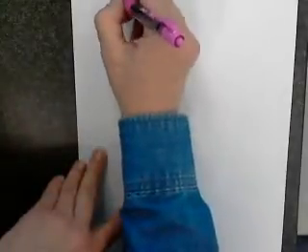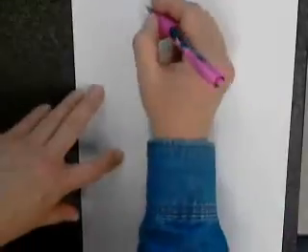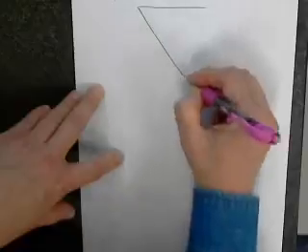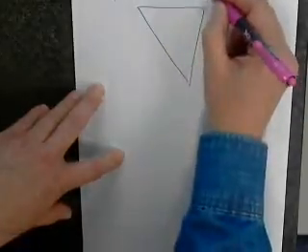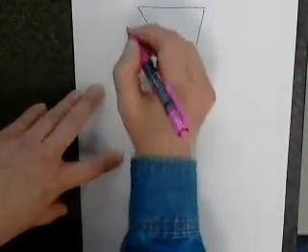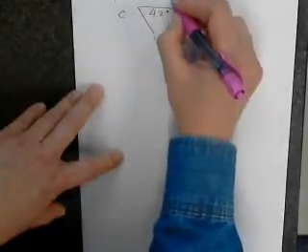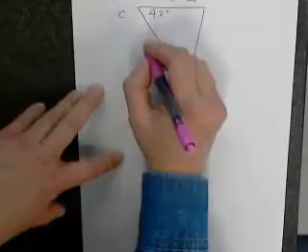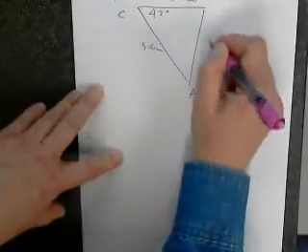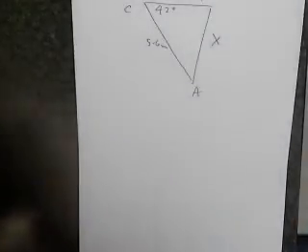So 79 on page 486. So here is B, A, C, 42 degrees, 3.2 miles, 5.6 miles, and this is the unknown.